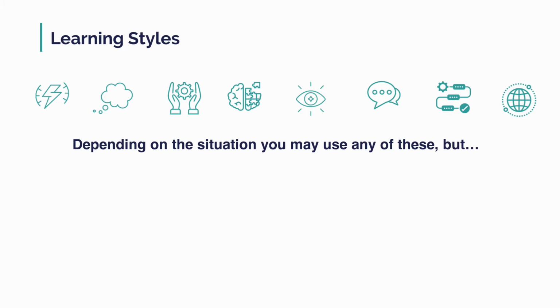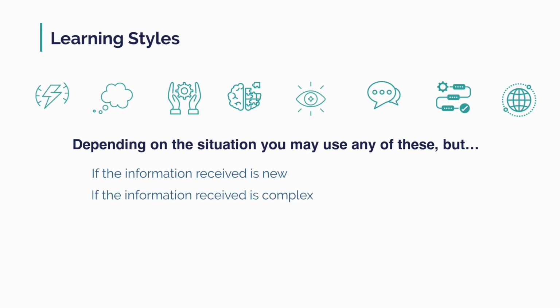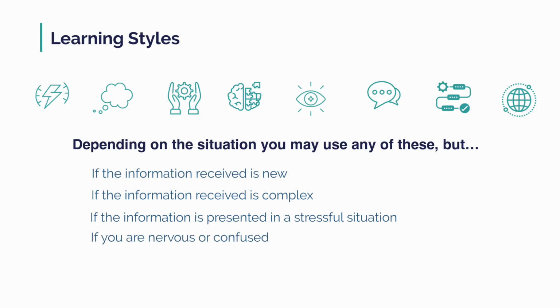But when we are presented with new information, when we are presented with complex information, and it may seem complex because it's new, when information is presented to us and we are in a stressful situation, or when we are at all nervous when receiving the information, we will automatically revert to what is called our primary learning style, supported by a secondary learning style.